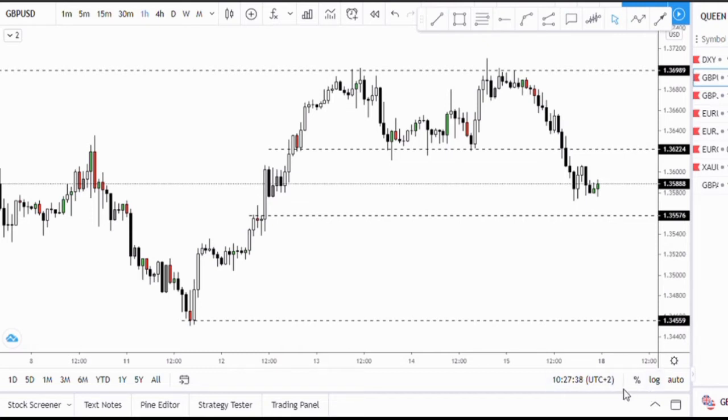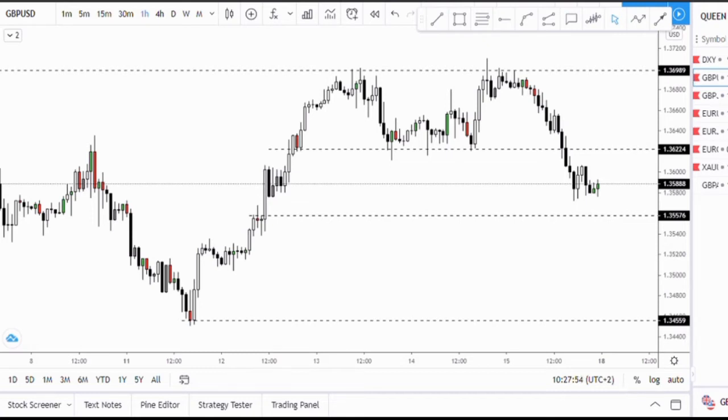So for the Asian session, it also includes the Sydney market. That means the AUD and the JPY are the main concern here, and also the New Zealand dollar.